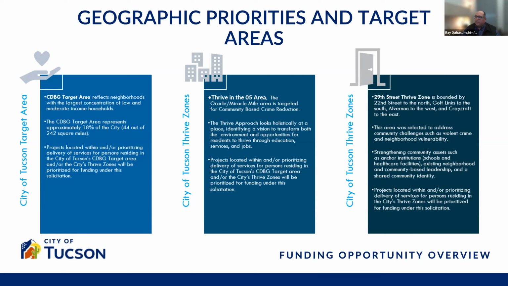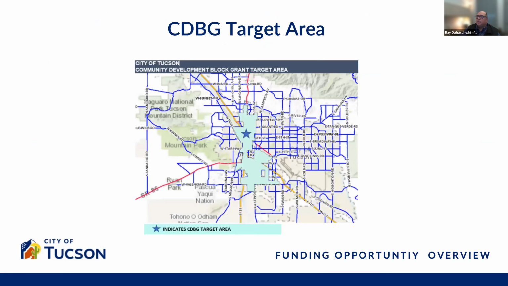What we're seeking is strengthening community assets such as anchor institutions like schools, healthcare facilities, existing neighborhood associations, community leadership, and shared community identity. Projects located within this Thrive Zone will be prioritized for funding under this solicitation.